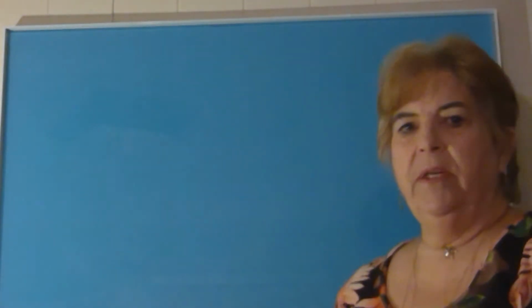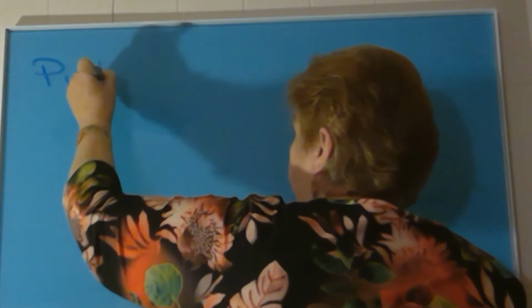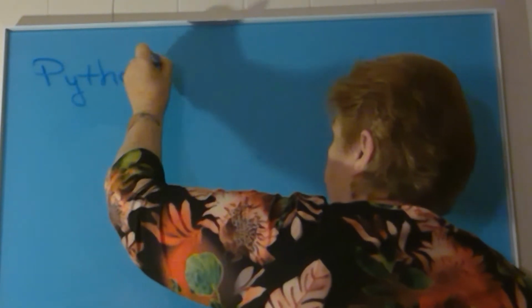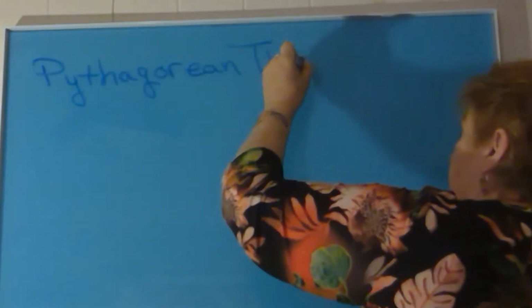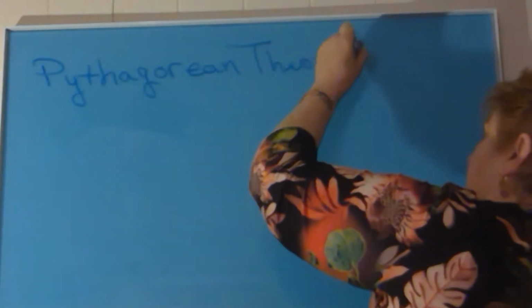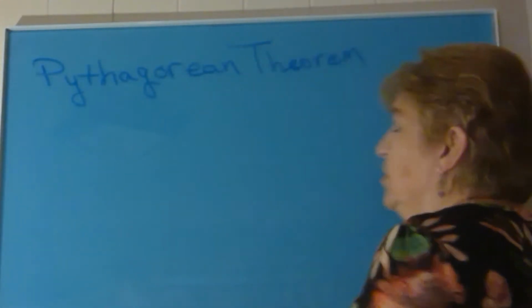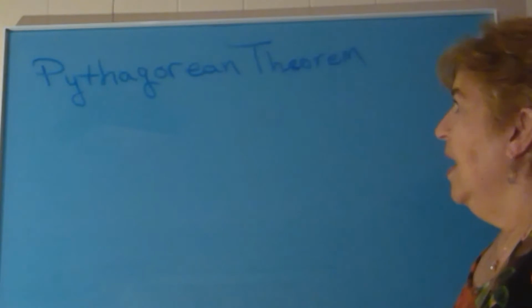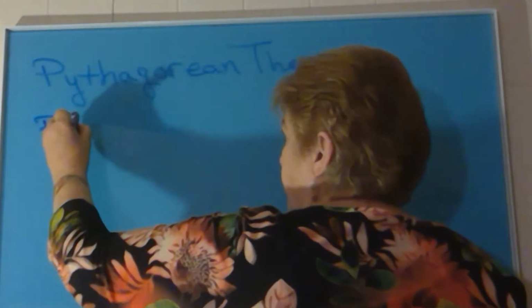The next thing I want to look at, just to make sure that you remember this, you should have all in the past sometime had the Pythagorean theorem. I don't often write that whole thing out. I usually abbreviate it, but the Pythagorean theorem works with right triangles.